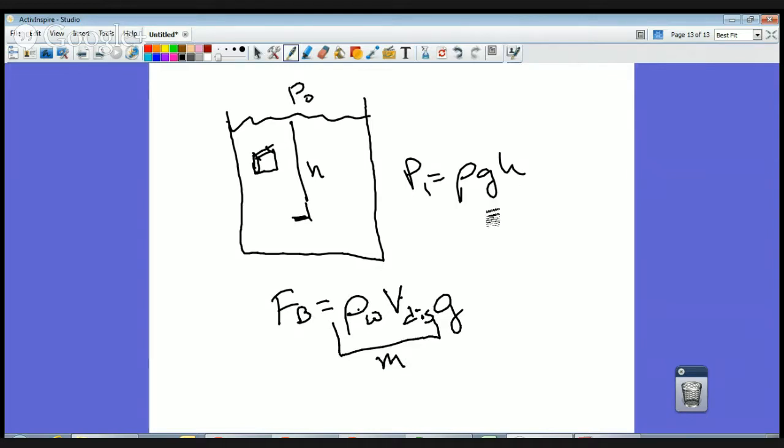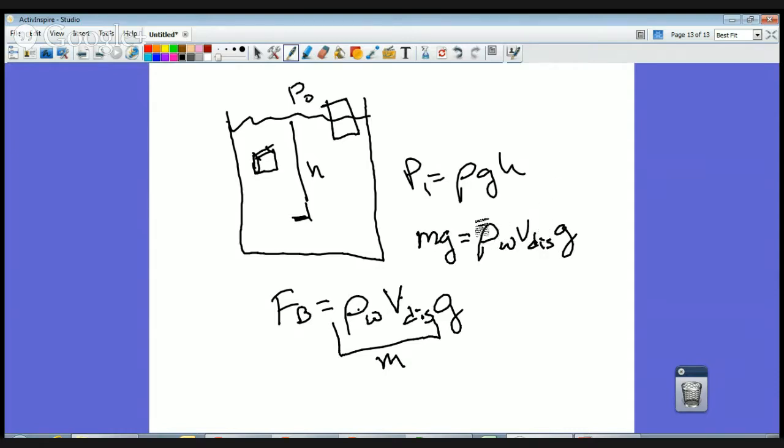There's questions where you'll have to use that, like if something is floating, partially submerged, and you want to find out the density of it, well, you're going to find that mg is equal to the buoyant force, rho of the water, v displaced, times g.